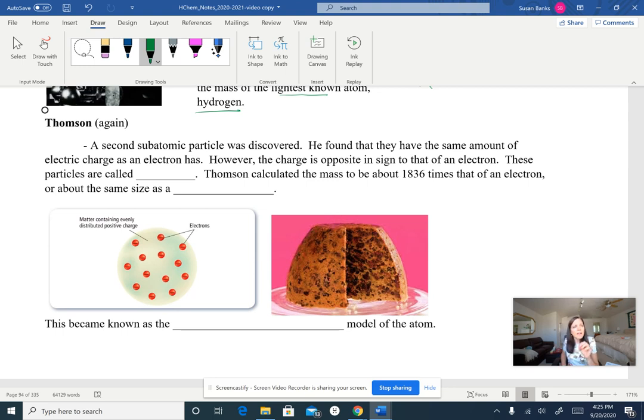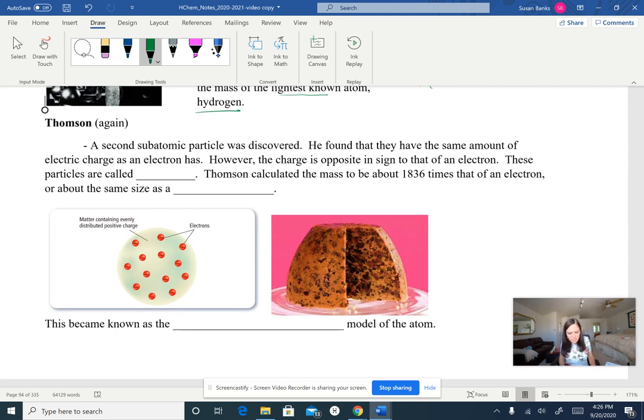If everything has electrons in them and the electrons are negatively charged, why don't we get shocked every time we touch stuff? J.J. Thomson realized that stuff was neutral. So if stuff was neutral and it had negatively charged particles in it, it also had to have positively charged particles in it. So he went on a hunt trying to find the positively charged particle.